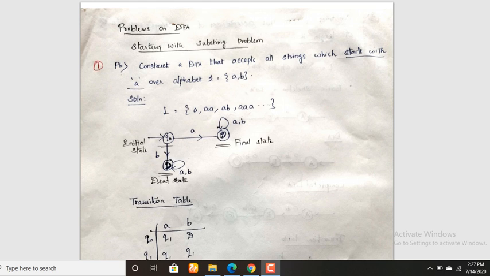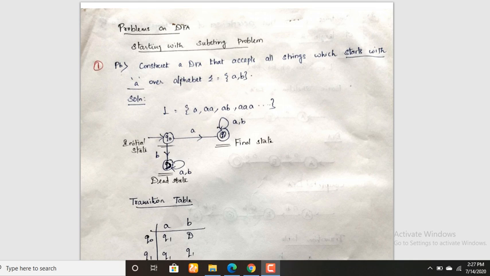So what's the next step? Draw the DFA. Take a simple string from the language and extend it with all other strings. Usually we construct a DFA like this only. You can name the states Q0, Q1 like that, or 1, 2, or A, B, whatever, it is up to your choice.